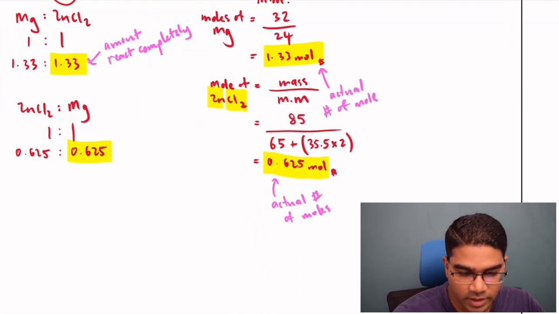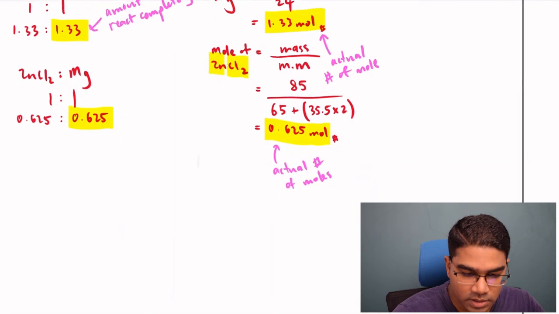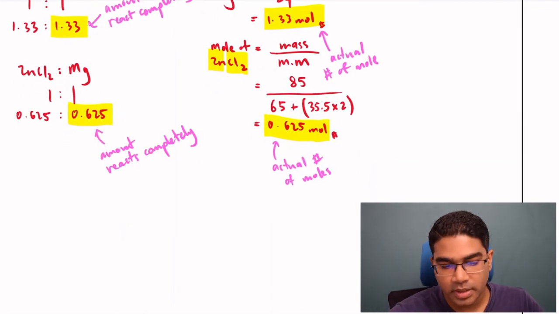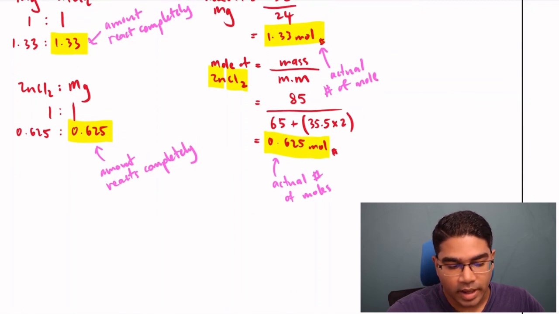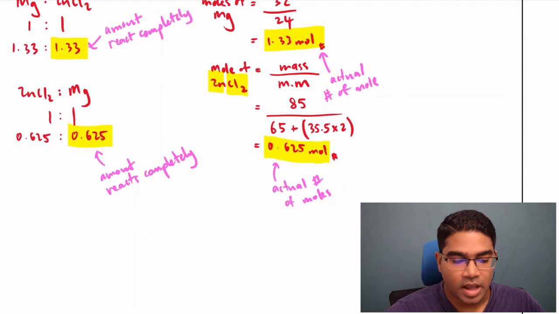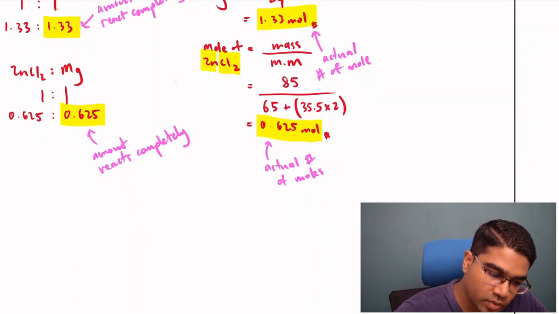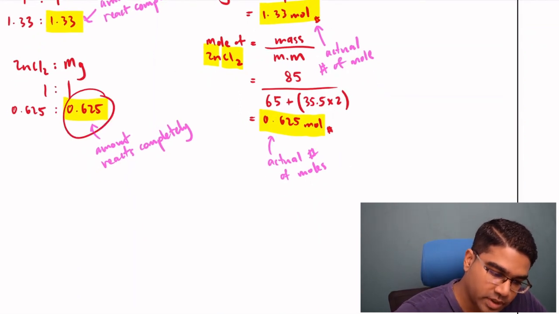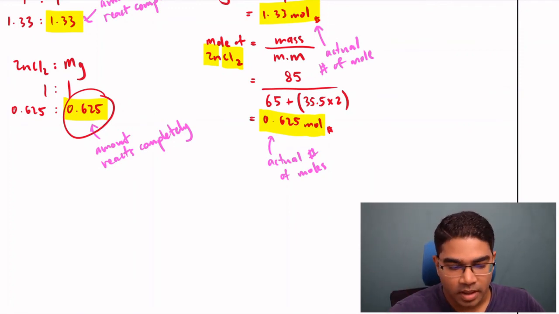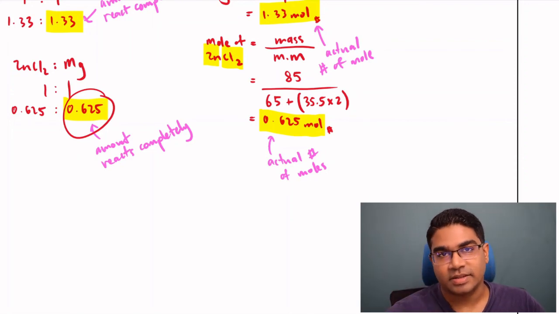So in this case, the actual number of moles is more than the amount that reacts completely. When we compare the two, the actual number of moles is more, and therefore after 0.625 moles of magnesium has reacted completely, there will still be a balance, there will still be extra. This means that magnesium is indeed in excess.